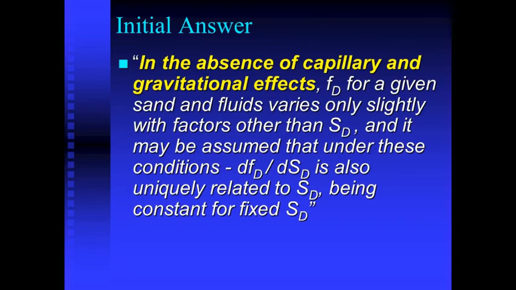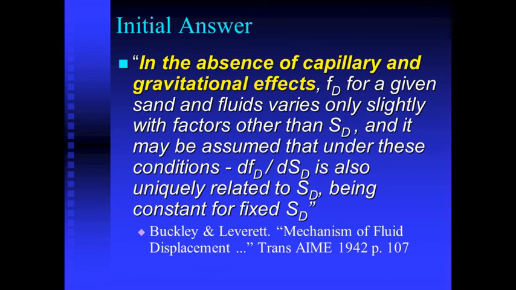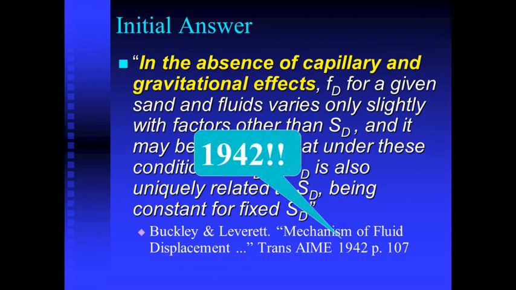It is summarized in this paragraph, arguing that by eliminating two of the three forces that regularly operate at the reservoir level, the fractional flow of water, a distant relative of the relative permeability curves, depends only on the water saturation. This is the foundational work of Buckley and Leverett's forward advance theory, dating back to the year 42.